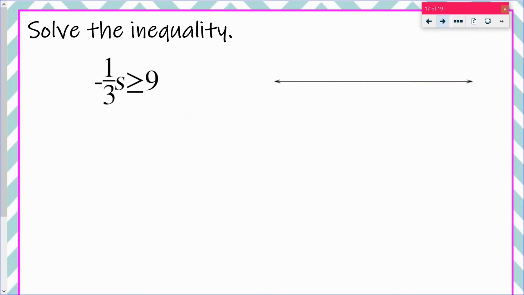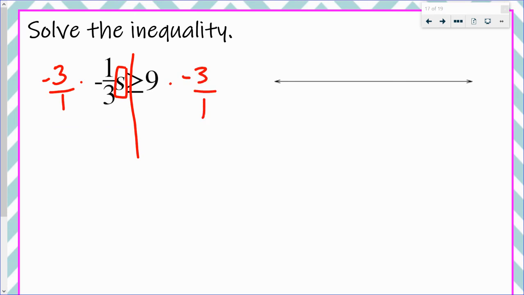We have negative 1/3 s is greater than or equal to 9. And again, the special case always applies when the negative is with the variable. So here I'm going to multiply by the reciprocal, which would be negative 3 over 1. Since I'm multiplying or dividing by a negative number next to the coefficient, that is going to flip the inequality sign.